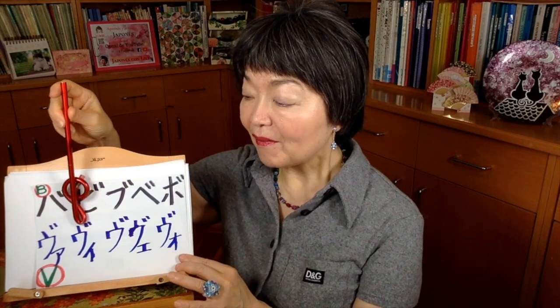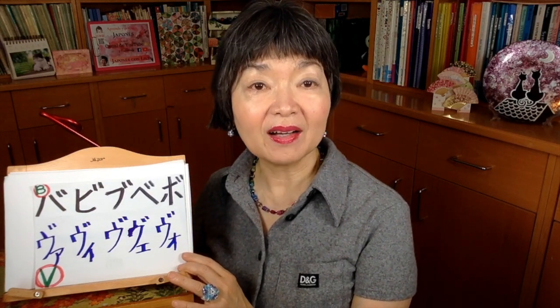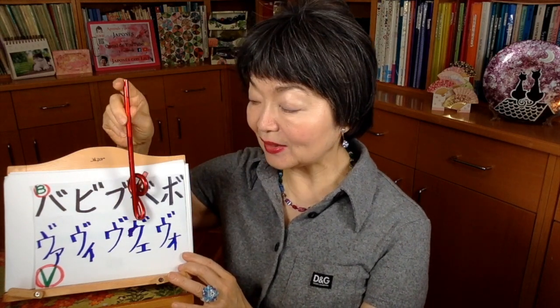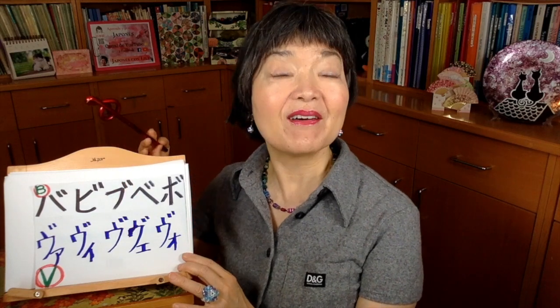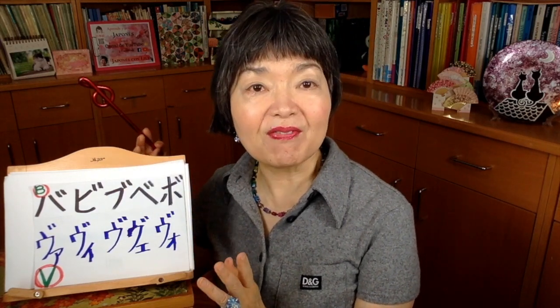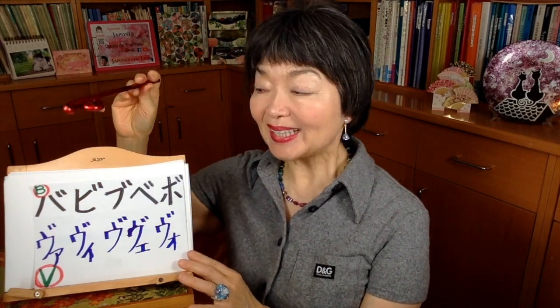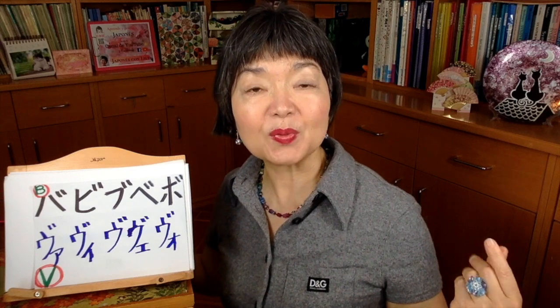And this one, vi, and only u ten, this is vu. And u ten and e, ve. U ten with o, vo. Va, vi, vu, ve, vo. So this is the way Fukuzawa Yukichi thought was better.